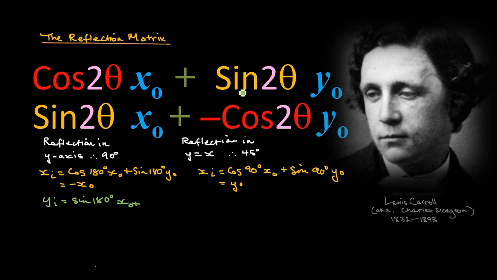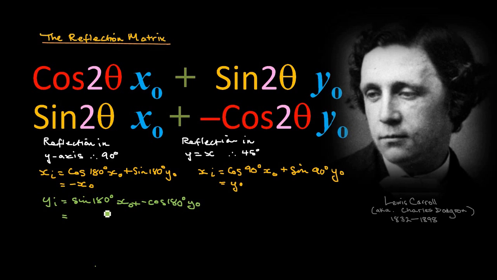Now, in this version for a reflection, the only negative is in the bottom right hand corner of the matrix here. So we've got plus negative cosine of 180 times the y coordinate of the object. Okay, like that. So now all we need to do is work this out.